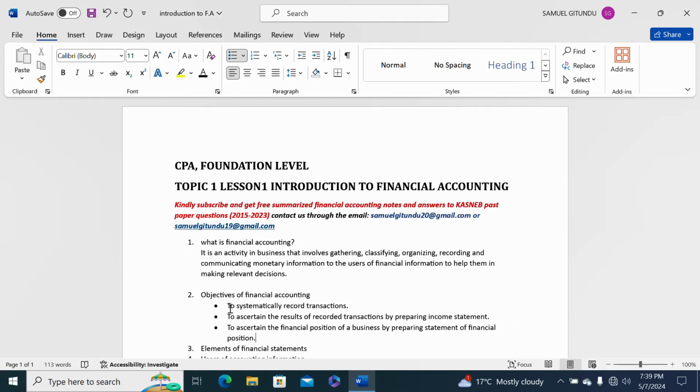A statement of financial position shows your assets, liabilities, and the owner's capital. And we usually say that the total of your assets should be equal to your liabilities plus the capital.